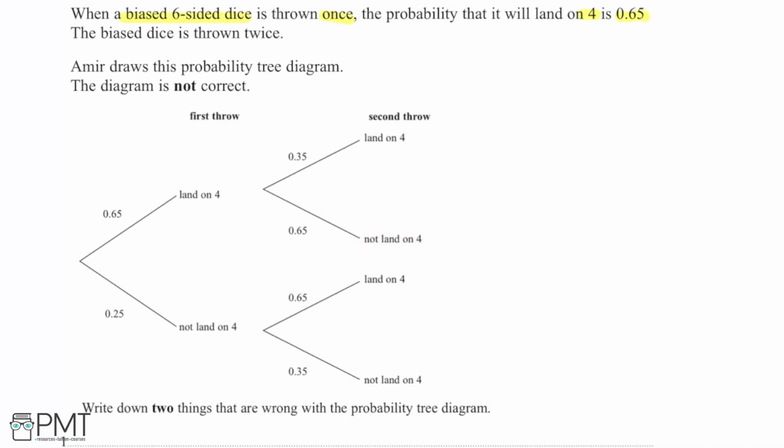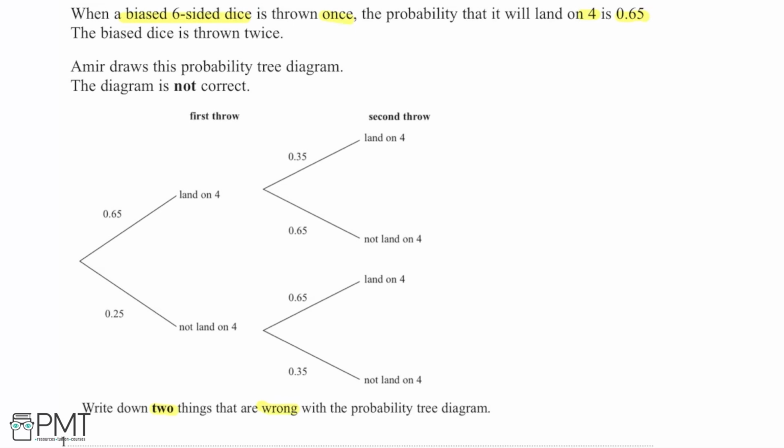And with this information in this tree diagram, we're asked to write down two things that are wrong with the probability tree diagram. So, especially when it comes to tree diagrams, I feel like a good place to start is going to be looking at what the probabilities sum to.